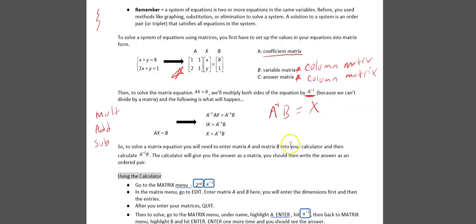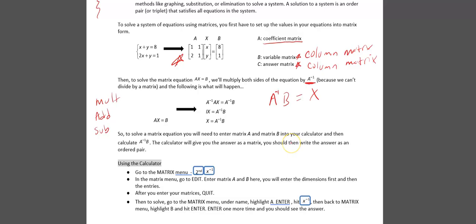Let me go ahead and show you how to do this. To solve the matrix equation, you will need to enter matrix A and matrix B into your calculator, and then calculate A inverse times B, which is what we just said right here. The calculator will give you the answer as a matrix. You should then write the answer as an ordered pair.